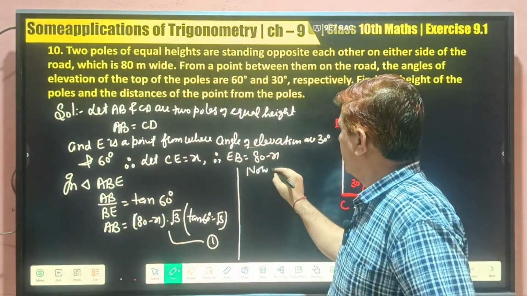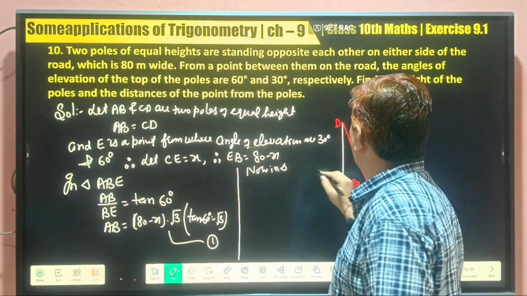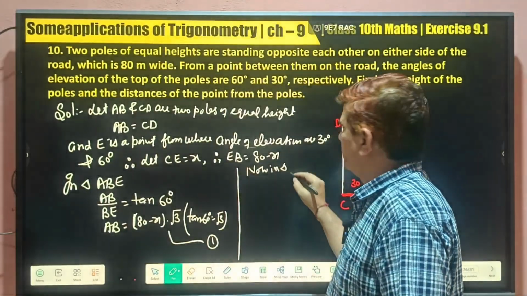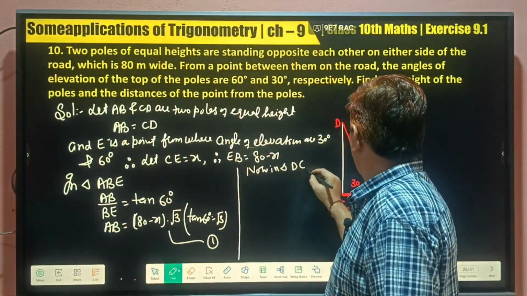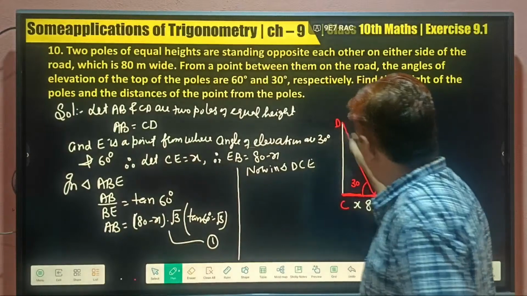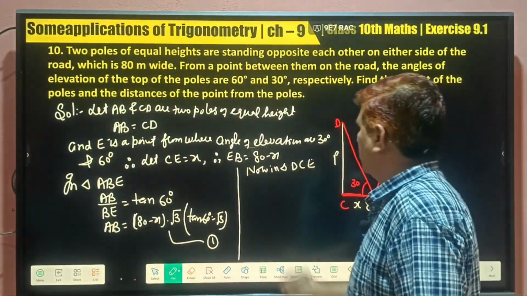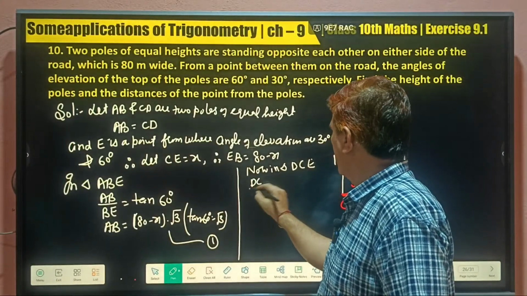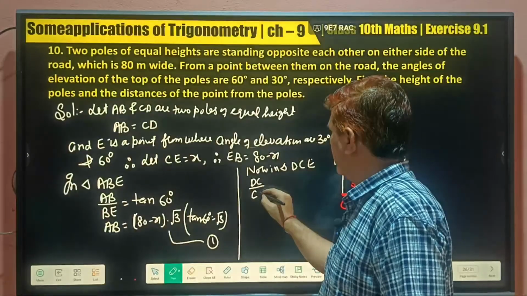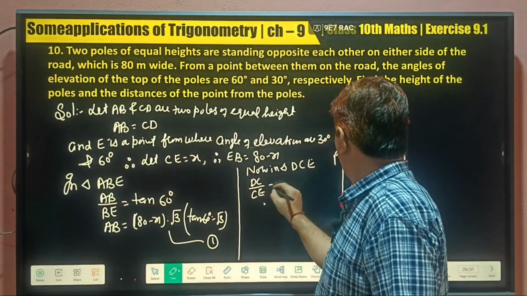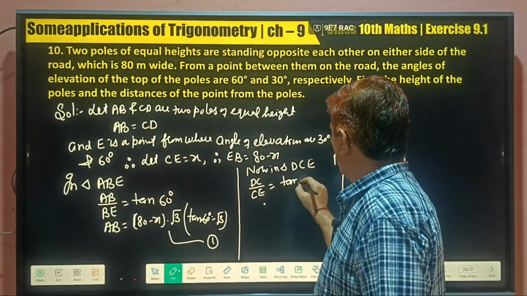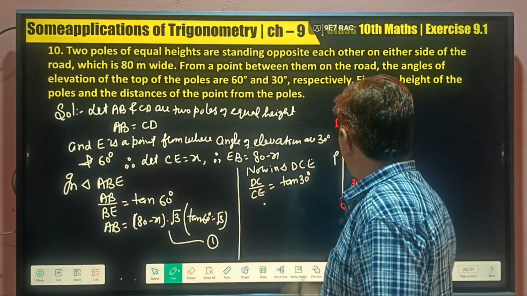Now in triangle DCE, this is the perpendicular, so DC by CE is equal to tangent 30 degree.